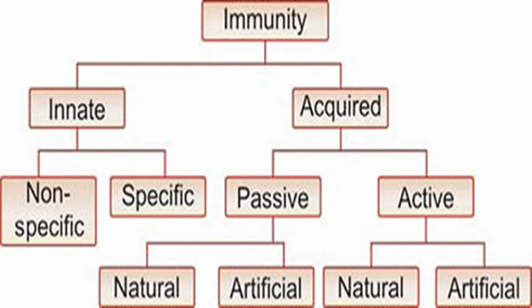Suppose vitamin C is very important for boosting our immunity, but can you say that the vitamin C we are taking will act or respond only to a particular pathogen, particular virus or particular bacteria?